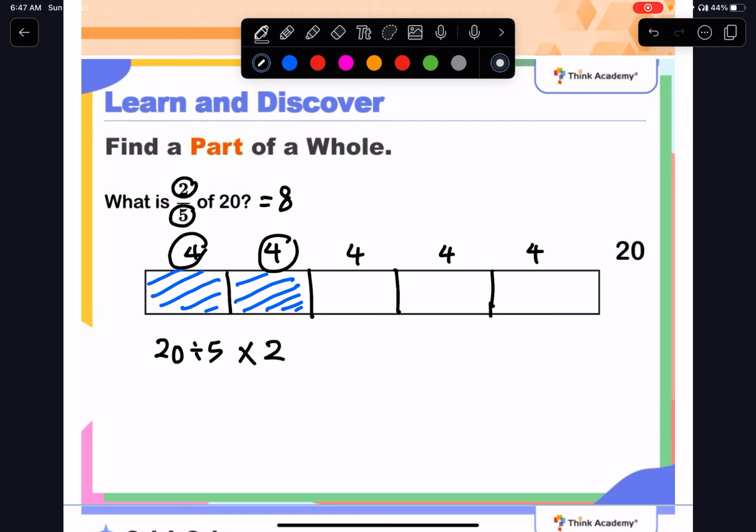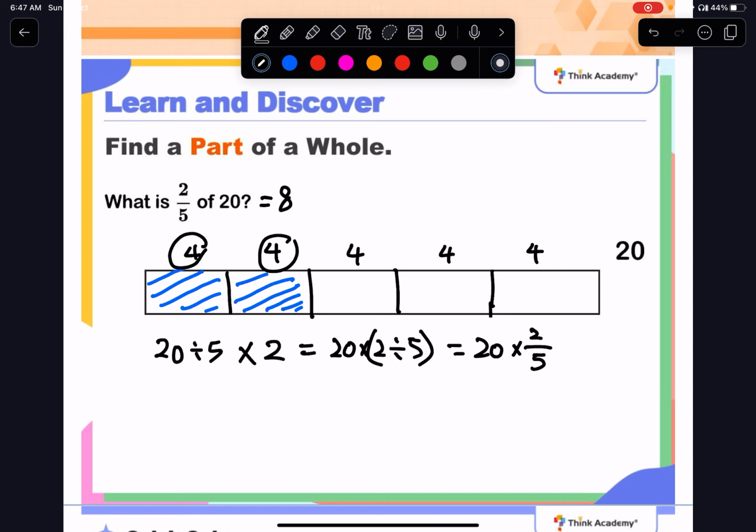But if you're really familiar with fractions, you will find out that actually 20 divided by 5 times 2 is the same as 20 times 2 divided by 5. And 2 divided by 5 in fraction is just 20 times 2 out of 5, right?